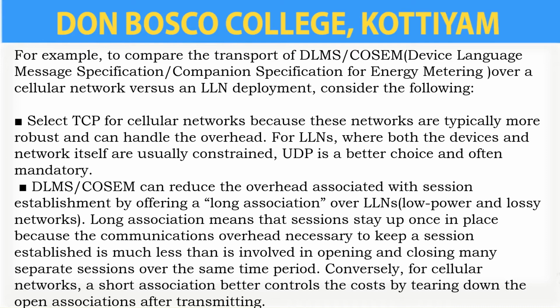First, select TCP for cellular networks because these networks are typically more robust and can handle the overhead. For LLN, where both the devices and the network itself are usually constrained, UDP will be the better choice and often it will be mandatory.